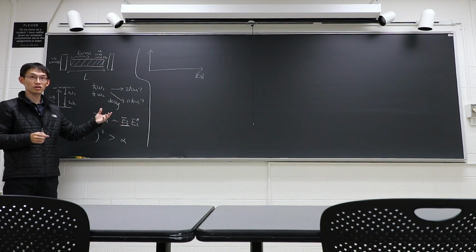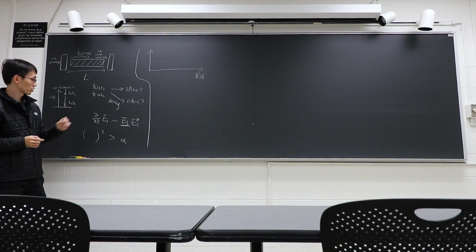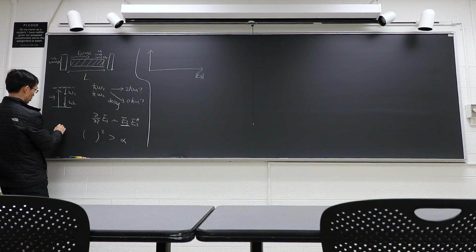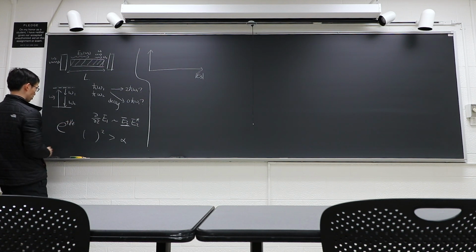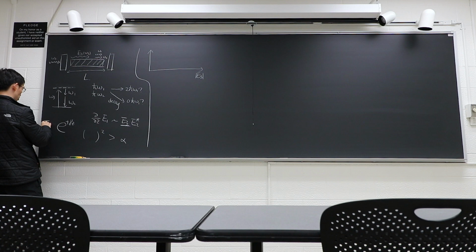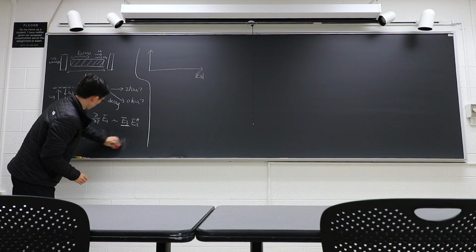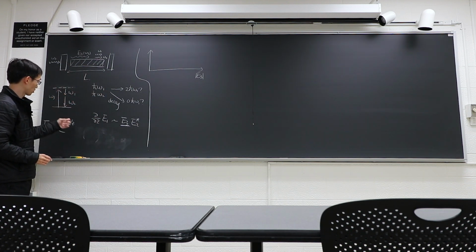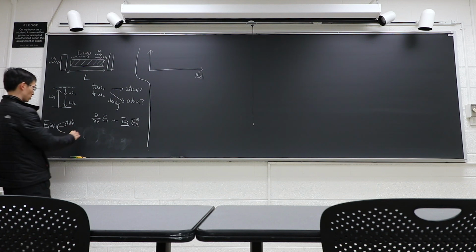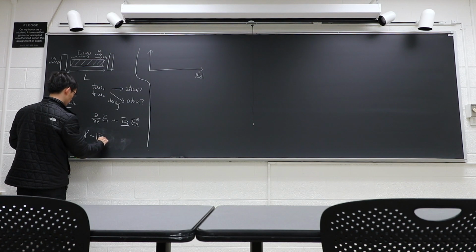Last time we also solved the parametric amplifier, and I think we arrived at an equation like this: your E1(z) has an exponential increase. That's your gain, and I believe this gain is proportional to E3.